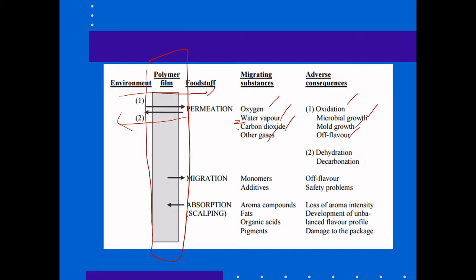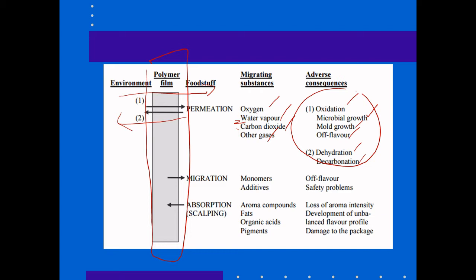Next is dehydration and also decarbonation. Okay, so these are the consequences of permeation. Okay, we can say these are all the disadvantages.